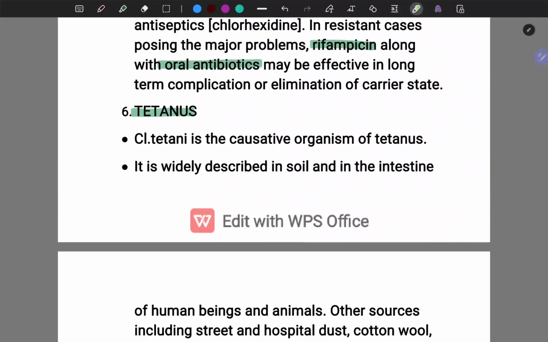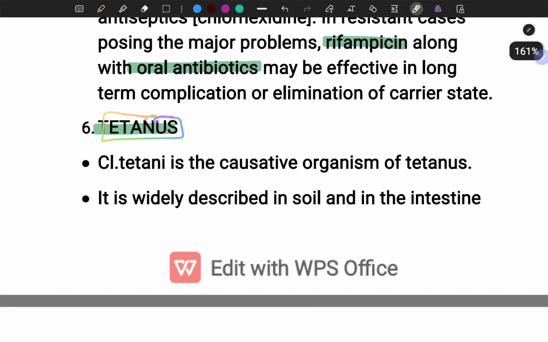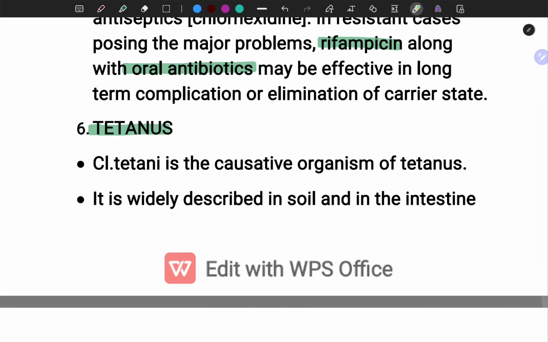And now we are dealing with tetanus. So just remember 3 points. It's caused by Clostridium tetani, which is a gram-positive anaerobic organism. Tetanus, as we all know, has features like opisthotonus and risus sardonicus.